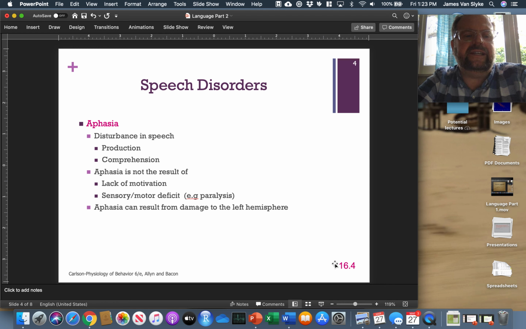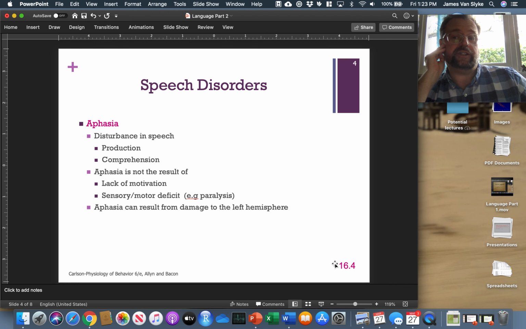An aphasia is any disturbance that you have in speech, and that could come from the production, meaning the ability to speak or what it is that you're conveying through saying something, or it can also be a disturbance in the comprehension, meaning your understanding of what someone else is actually saying.